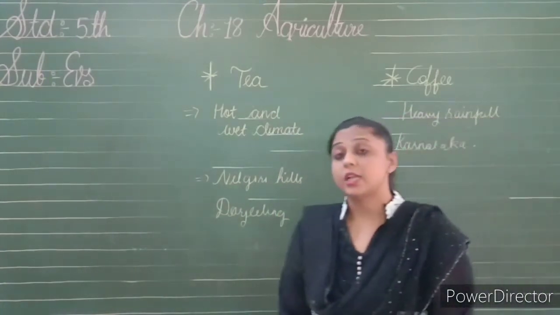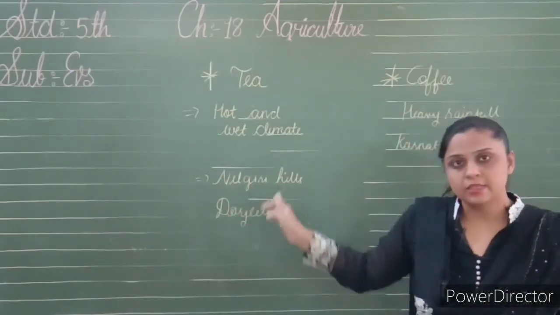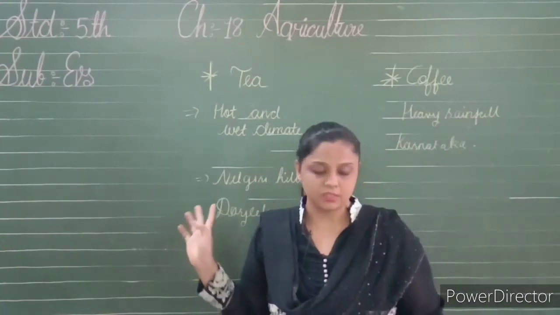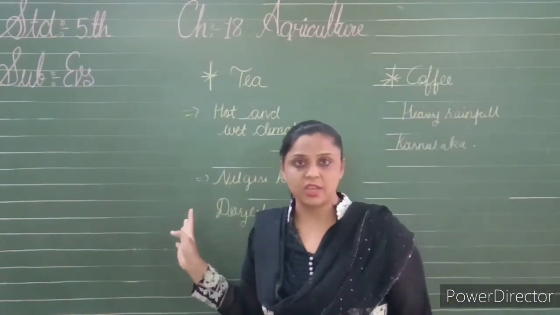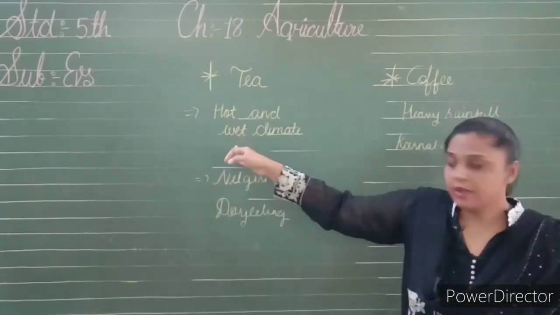Where is tea grown? Near the Nilgiri Hills and in Darjeeling. Where are the Nilgiri Hills? It is in the south, Assam and Darjeeling are in the east. Here it needs a hot and wet climate.